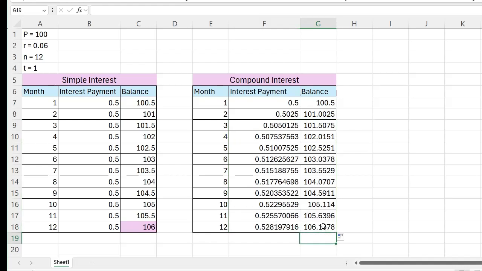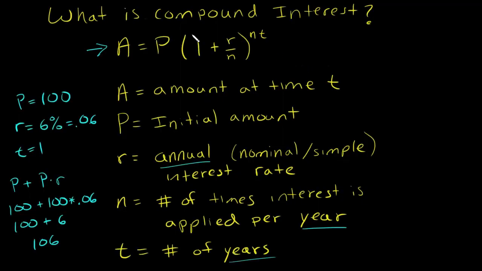And we'll see that at the end of the year, with compounding interest, I have slightly more money. I have basically 17 cents more than in the simple interest example. So this is the way compounding works. Instead of starting with $100 every time, I start with whatever I had in the previous month and then apply my interest rate to it. Using that idea, we can derive what this formula is, and that's what I'll do in the next video.